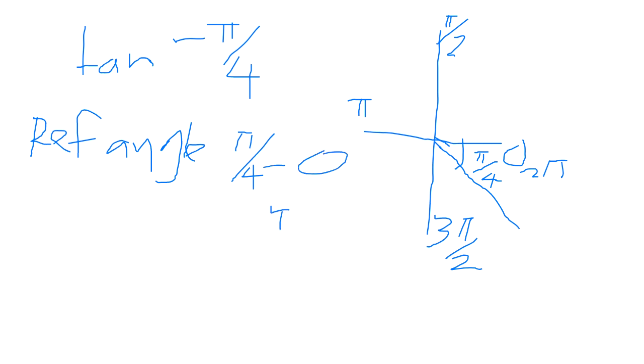We all know that pi over 4 is a special angle, and pi over 4 is the same as 45 degrees. So tan negative pi over 4. Please let us remember the CAST. CAST.